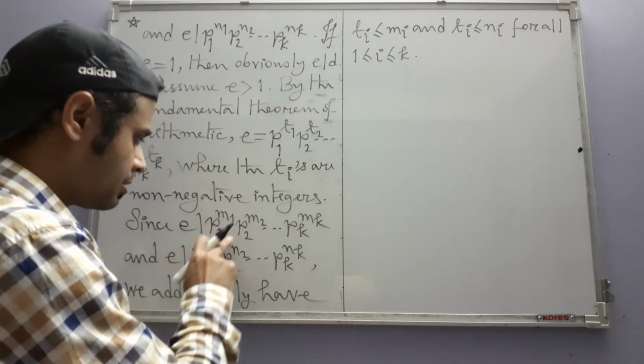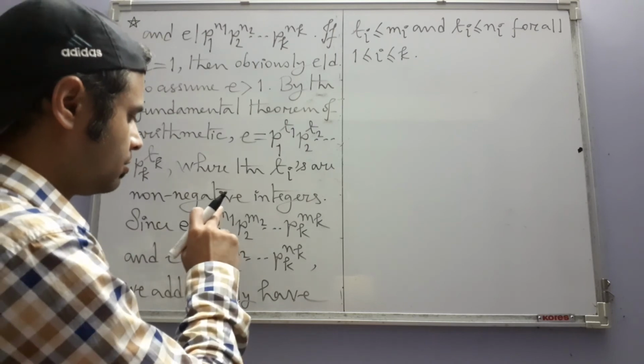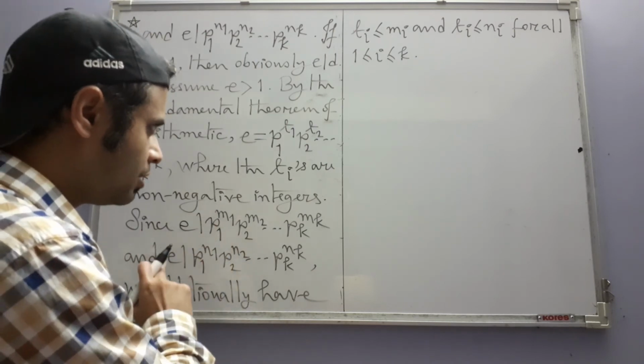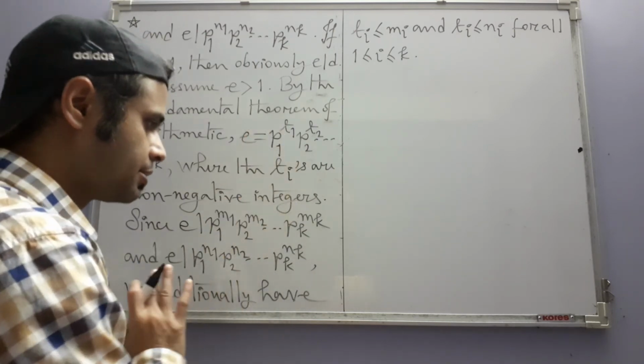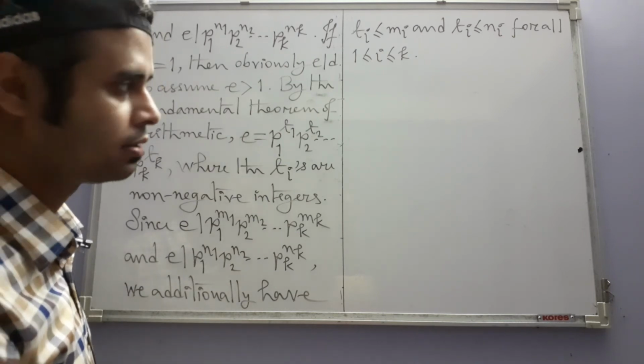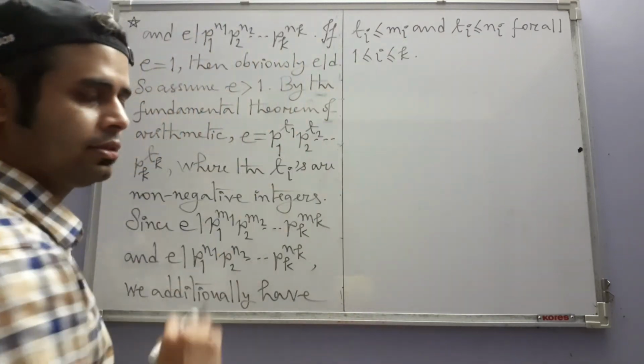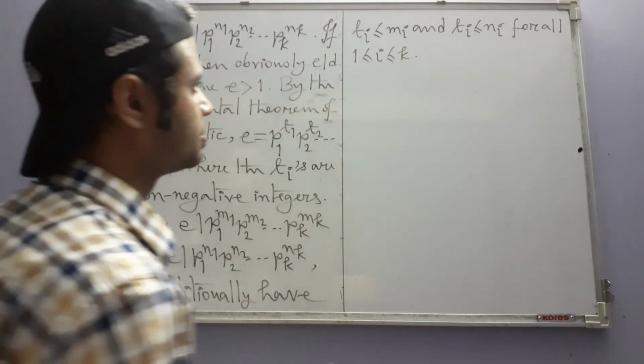Only this power of p1 plays a role. So in order to have full division, t1 must be less than or equal to m1. It can be at most m1 but not more than that. That's why we have this, and similarly that one for all the i's.